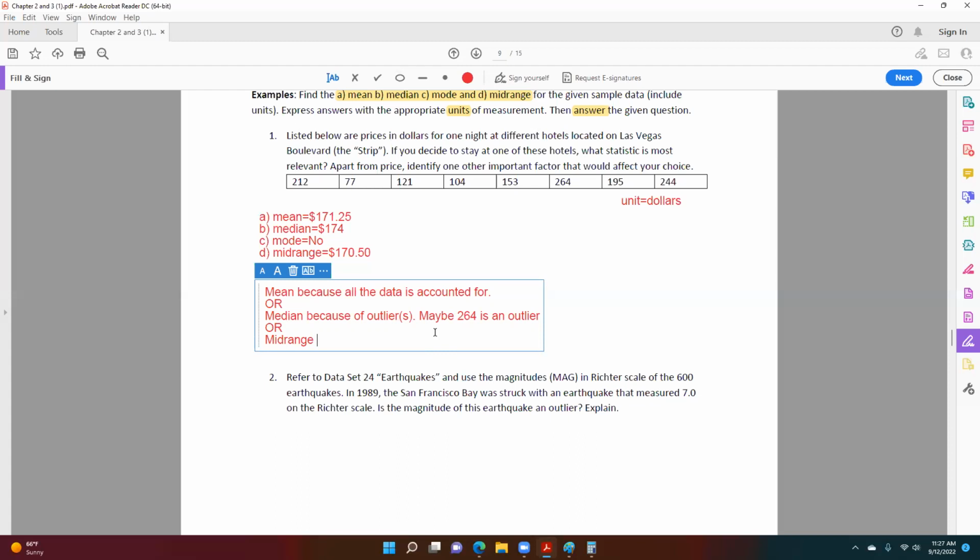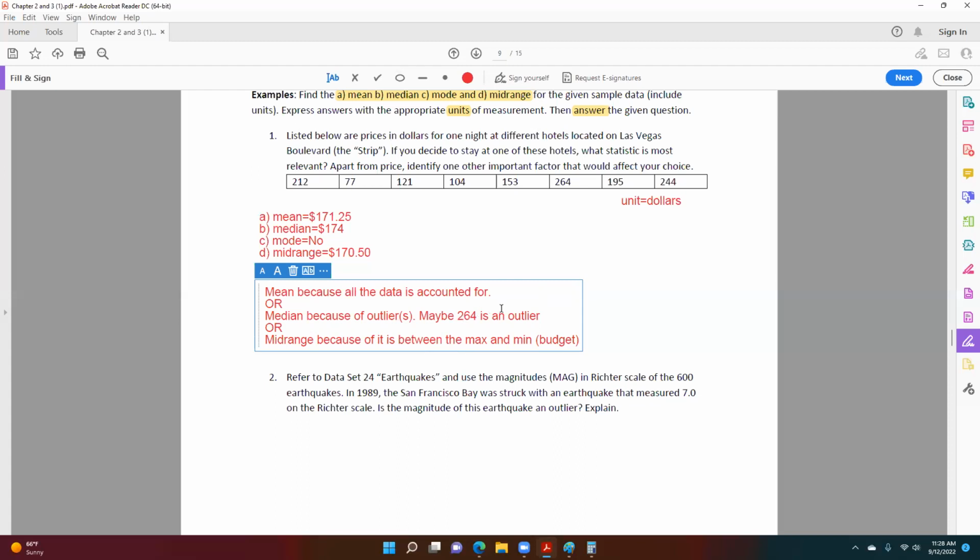Some people will pick the mid-range because the value is between the maximum and the minimum. So this is usually people who are on budget. They want to figure out, I don't have a lot of money, so you just look at the most expensive one and the cheapest one, and then you find the common ground right in the middle, and maybe that will be the price that we use.